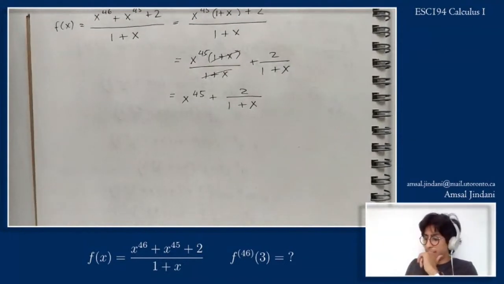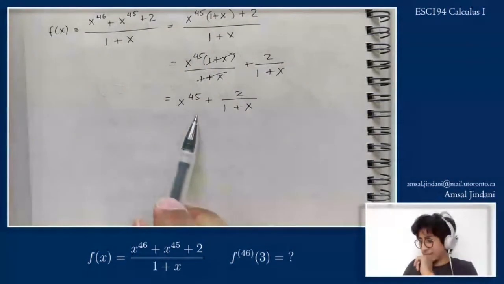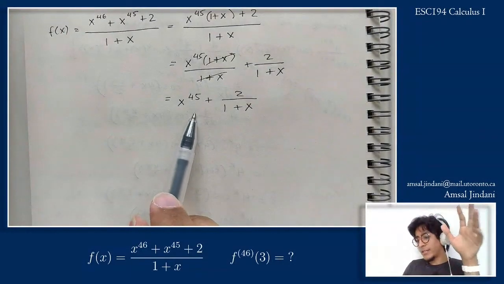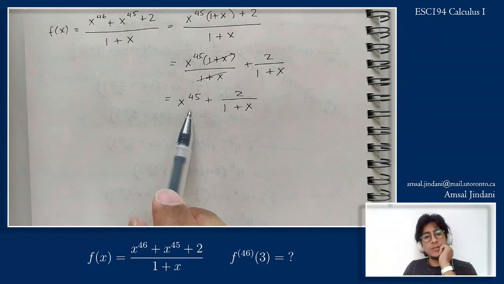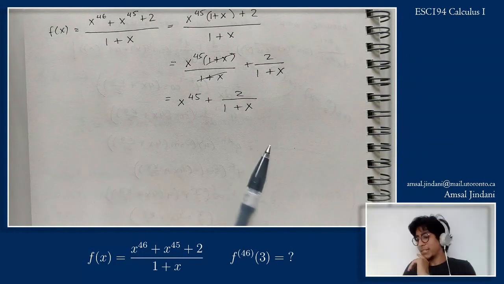Okay. That brings us to an expression that looks slightly less nasty. So now, let me ask you a question. What do I get when I take 46 derivatives of x to the power 45? Yeah, exactly.